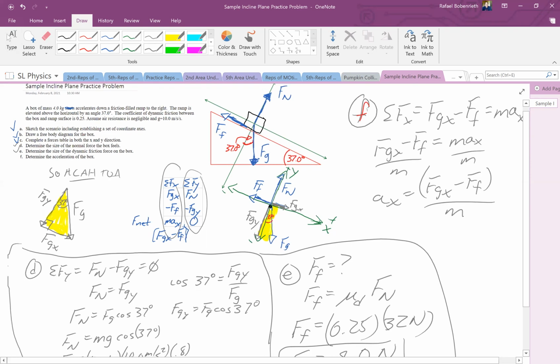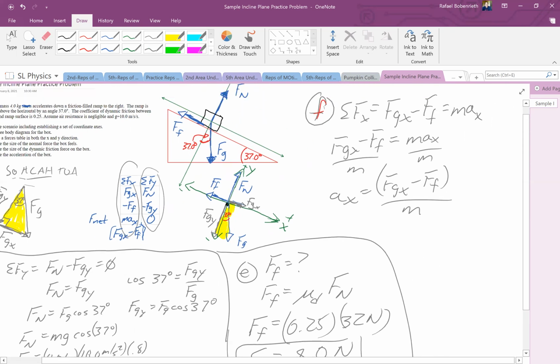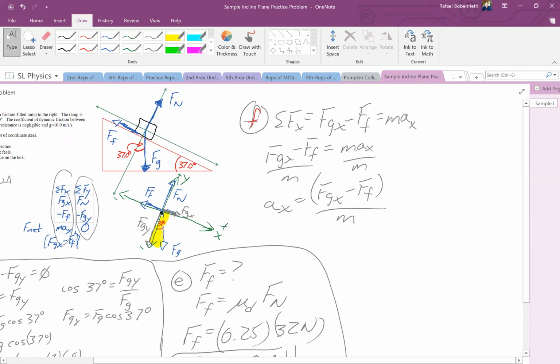Now let's go back here. How do we get the x component of the weight? I have to go back to this triangle over here. Now I'm looking at this side. This side is opposite the angle, right? So opposite over hypotenuse, I would use sine. Let me just very quickly do an aside to say that the sine of 37.0 degrees is going to be equal to Fgx over Fg.